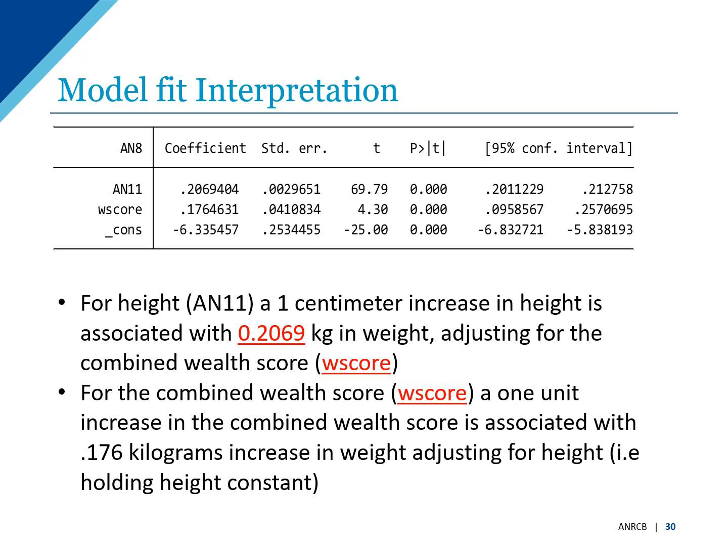For height, or AN11, a 1 centimeter increase in height is associated with a 0.2069 kilogram increase in weight, adjusting for the combined wealth score. For the combined wealth score as a predictor, a 1 unit increase in the combined wealth score is associated with 0.176 kilogram increase in weight, adjusting for height, or that is, holding height constant.